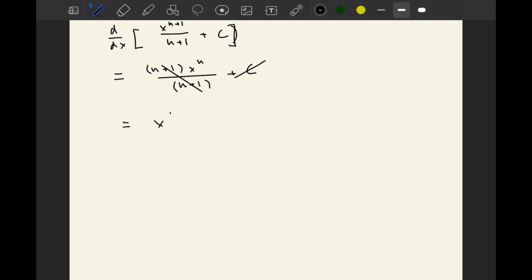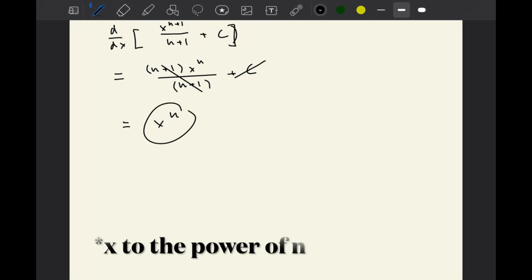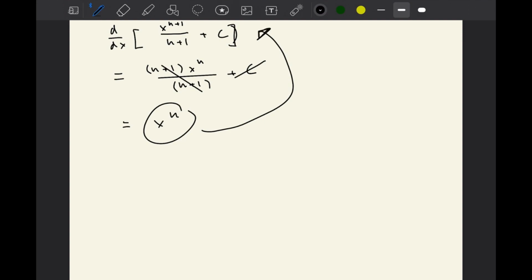Do you see where I'm going? What we have left is x to the power of n. So we can safely say, now that we've proven it to ourselves, that the antiderivative, or the integral, of x to the n is this, and vice versa.